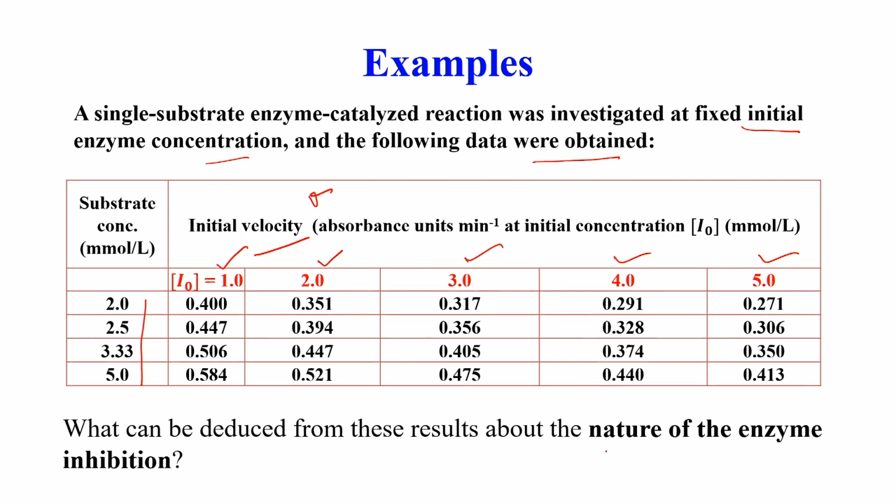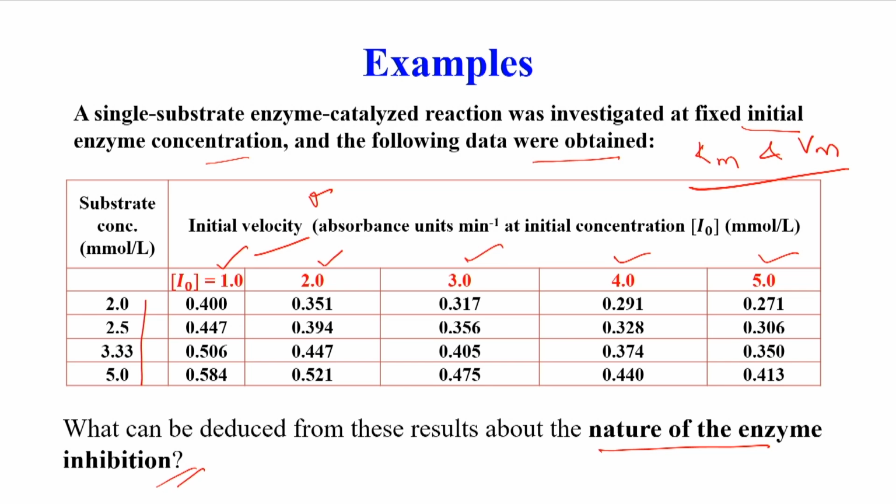Now, we have to comment on the nature of enzyme inhibition. So, what we have to do? We have to calculate the value of Km as well as the V max, then we should be able to comment on the type of enzyme inhibition. So, for this how will we proceed?